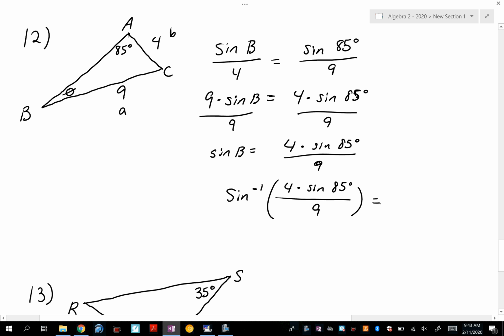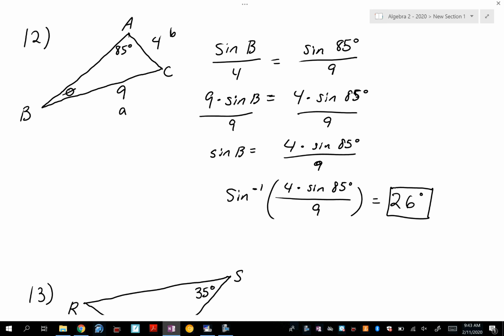That should give you the angle for angle B. So second sine, n over d, 4 times the sine of 85 degrees over 9. Close it. You get 26. It says to round to the nearest degree, so angle B is 26 degrees.